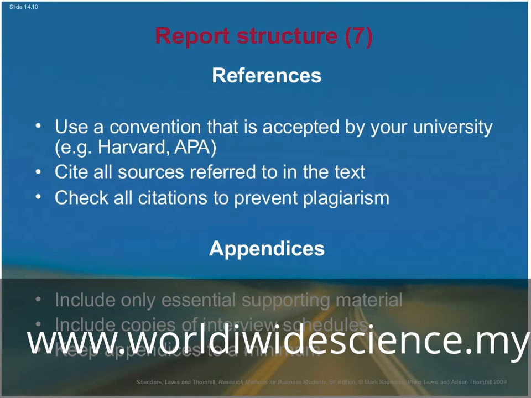For WWS, I think both of them are acceptable, Harvard or APA. Cite all sources referred to in the text and check all the citations to prevent plagiarism. If you have citations and referencing, then you can avoid plagiarism.